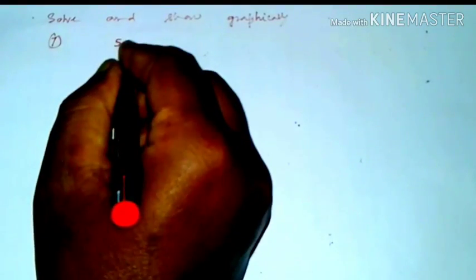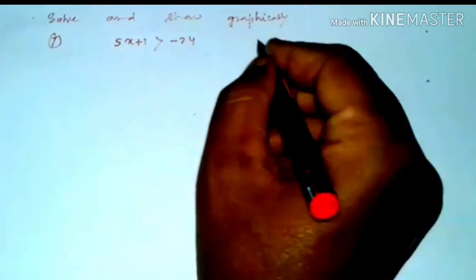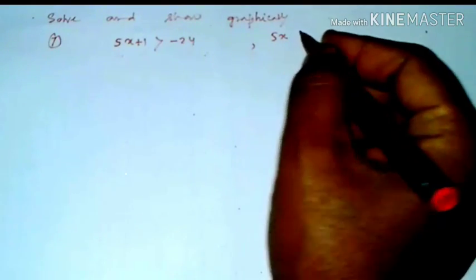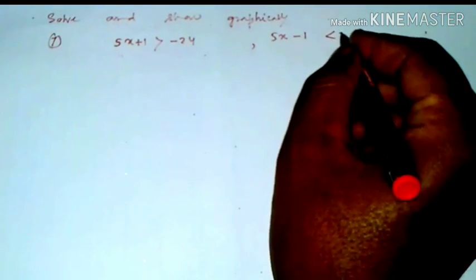First we say that 5x plus 1 greater than minus 24. And next one is 5x minus 1 less than 24.